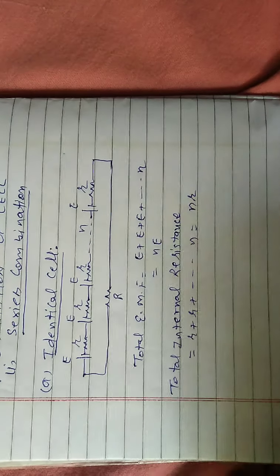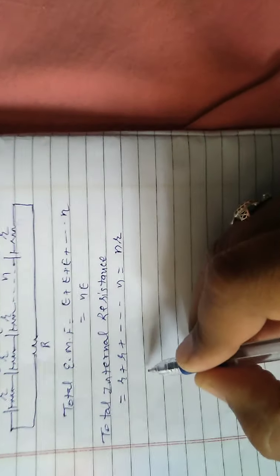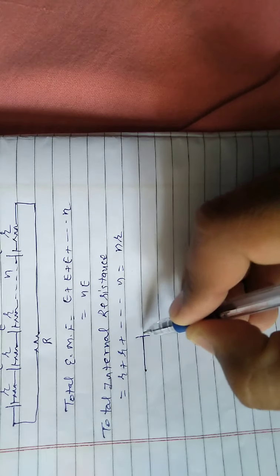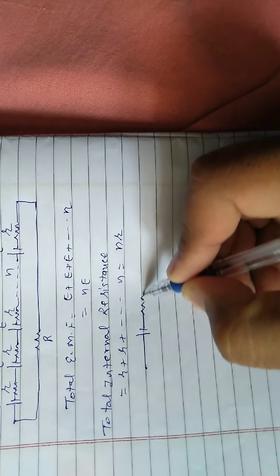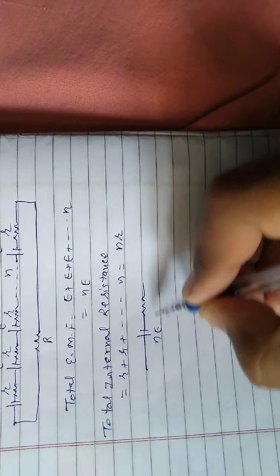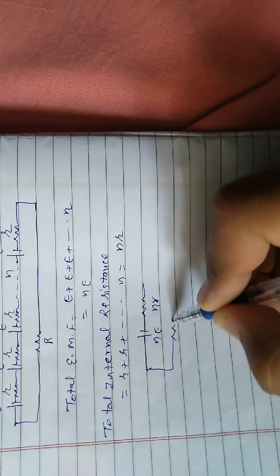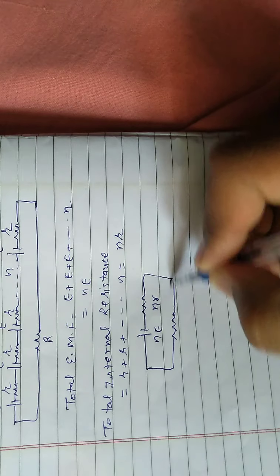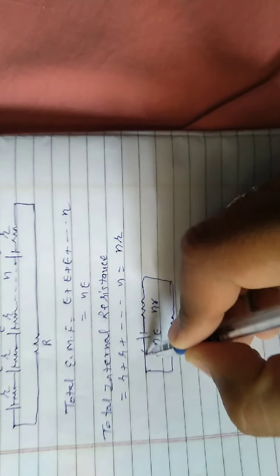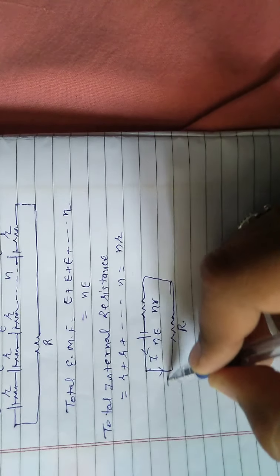Now we can draw a second diagram for this. Total EMF nE, internal resistance nr, external resistance capital R. Current I is flowing in the circuit.